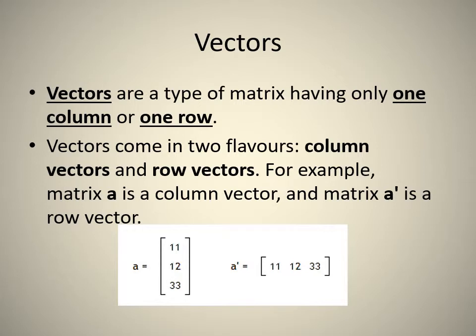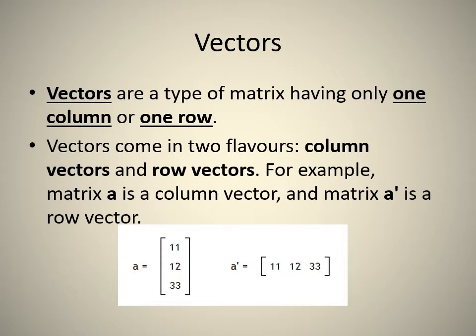Good. We also get to some special kinds of matrices, and the first special type of matrix would be a vector. It's a type of matrix with only one column or one row, and if it has a column, we call it a column vector. So in this case we have a 3 by 1, and a row vector, which is the transpose in this case.